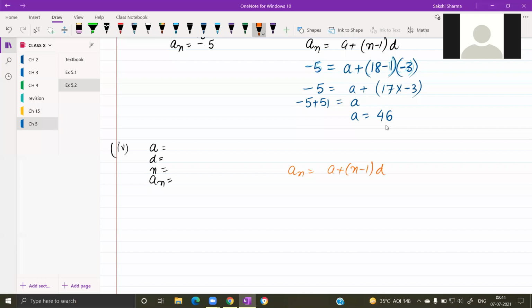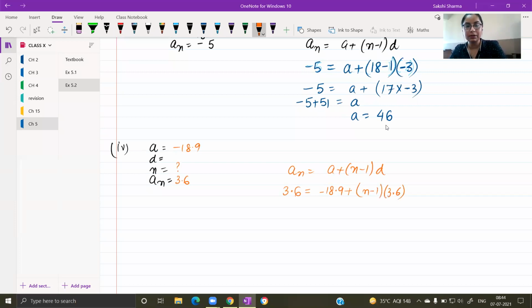Then the value of A is minus 18.9. Okay. D is 2.5. Next, we have to find the value of N, so N minus 1 into D, 2.5.